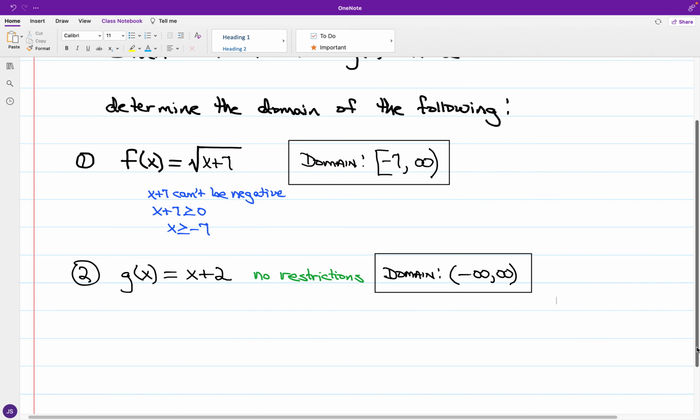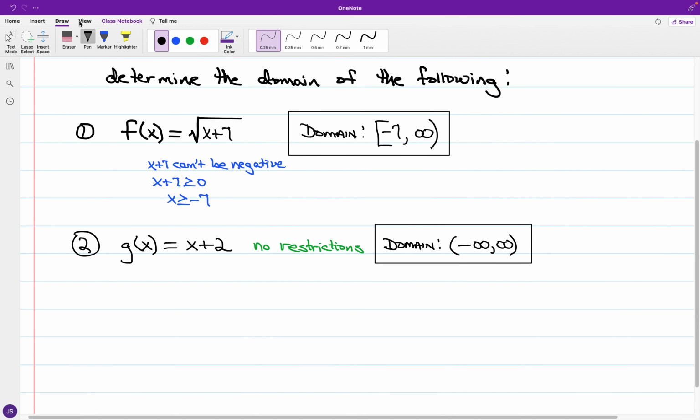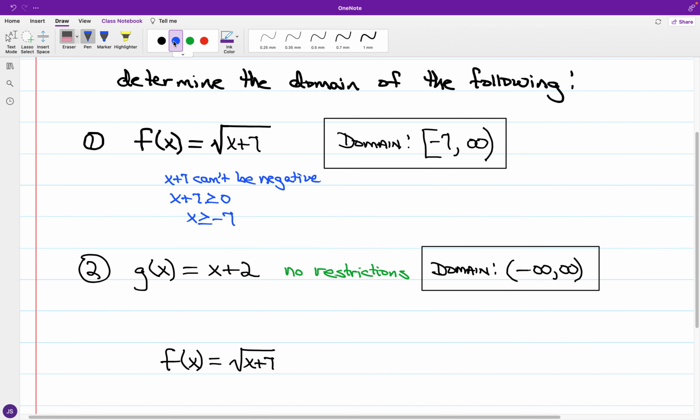Now again, for the sum, difference, and product functions, these are going to have the same domain. So let me just go back. You have f of x equal to the square root of x plus 7. Again, the restriction is that x is greater than or equal to negative 7.